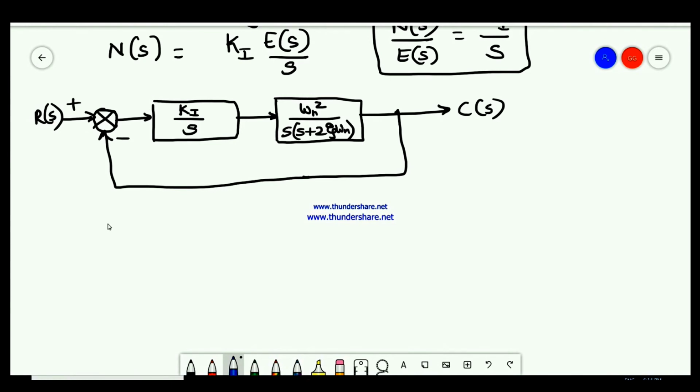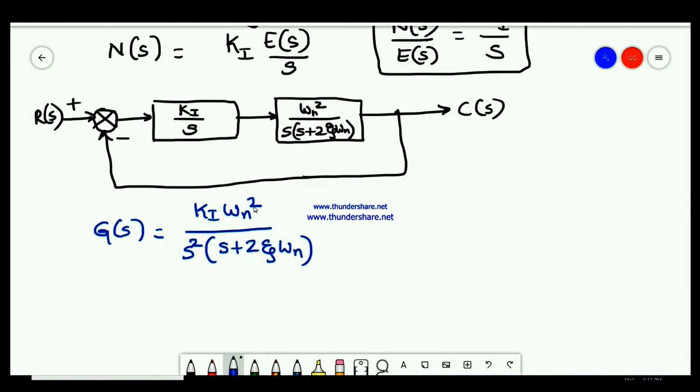Now we'll write the G(s) equation for this second order system with integral controller, which would be Ki multiplied by omega n square divided by s into s plus 2 zeta omega n, because they both are in series. As they are in series, you just multiply both.